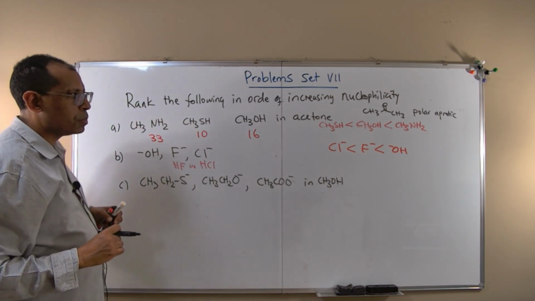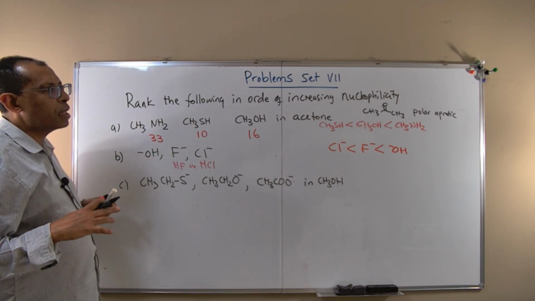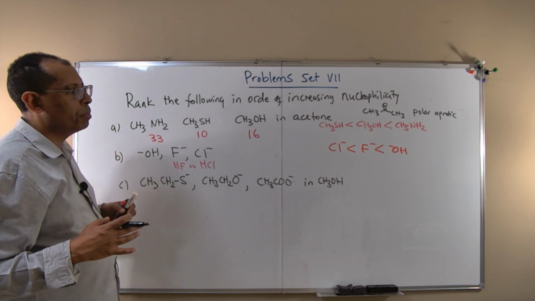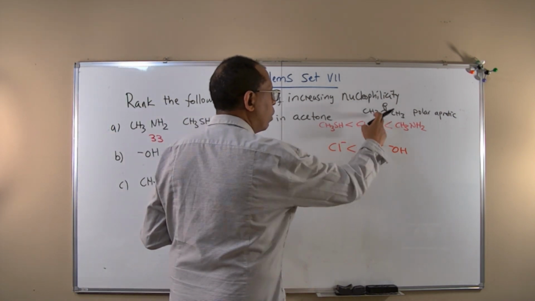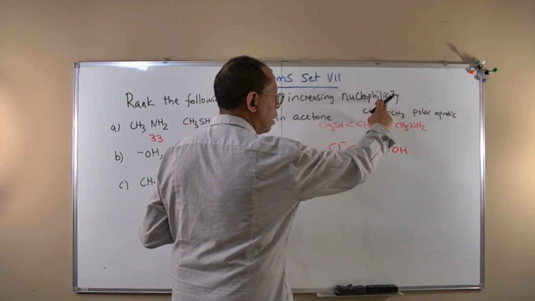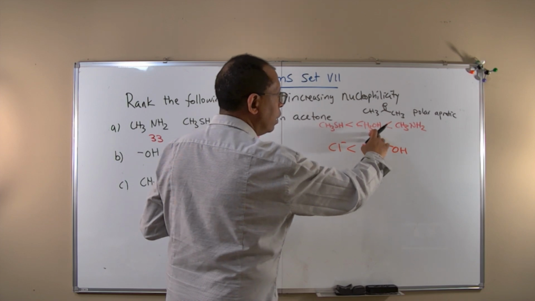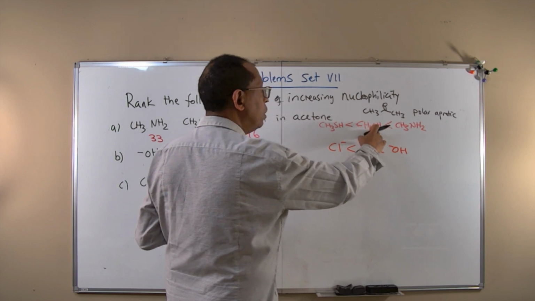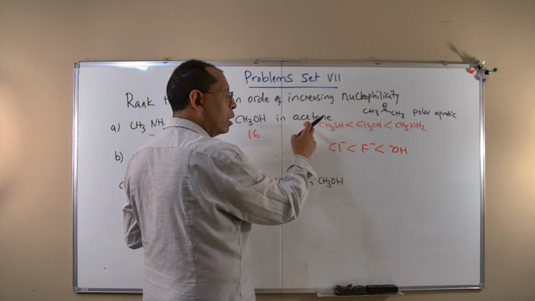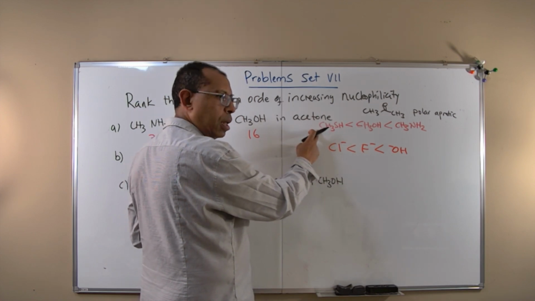Okay? So if there is a slight hydrogen bonding that forms with acetone in this and methanol, in that case the methanol would be coming in the lowest as a nucleophile.